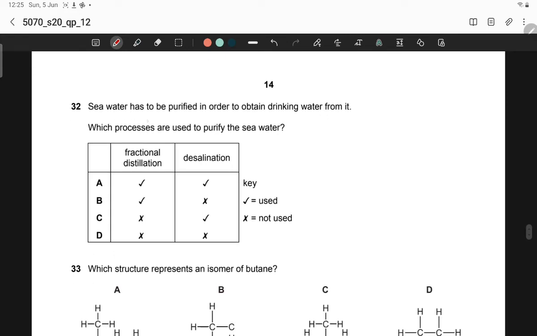Question number 32. Sea water has to be purified in order to obtain drinking water from it. Which processes are used to purify the sea water? Fractional distillation and obtain drinking water from it.